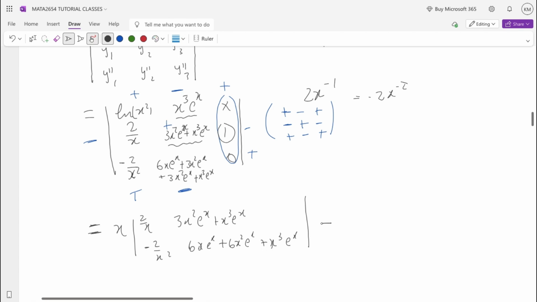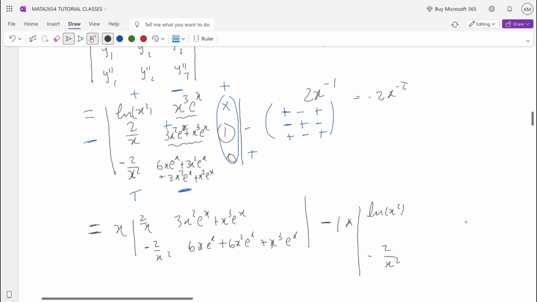I have to say minus 1 multiplied by ln x squared minus 2 all over x squared.